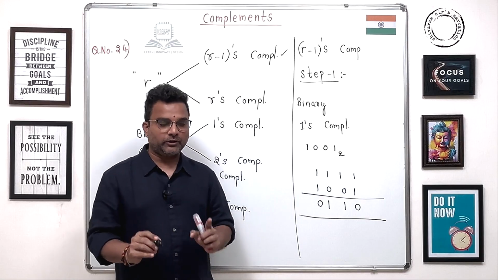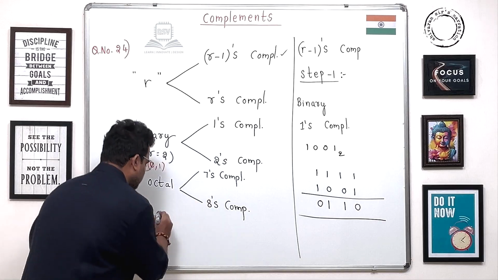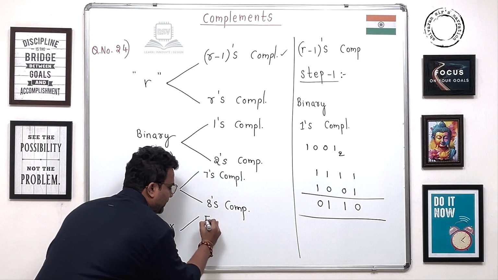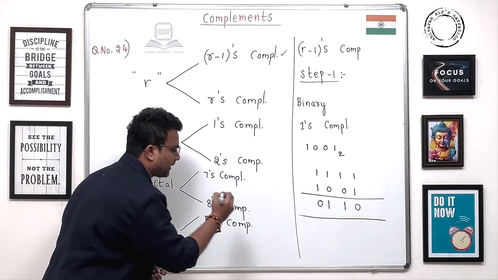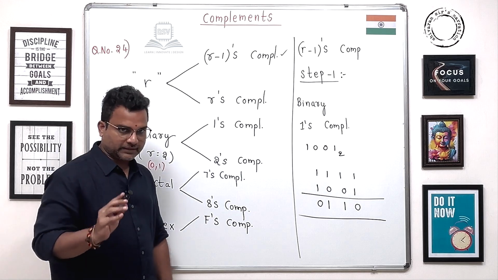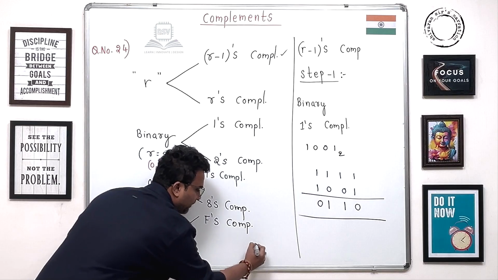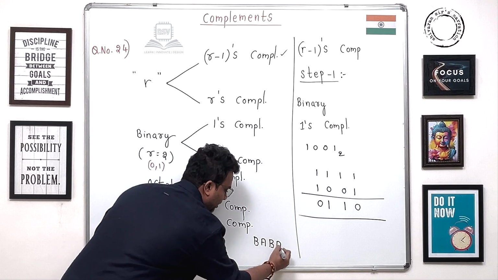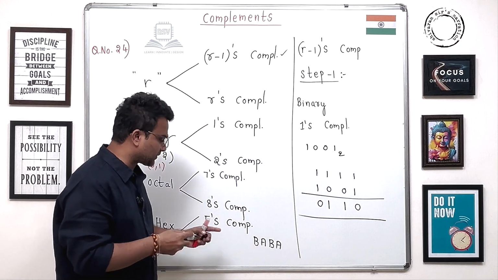For example, let's take hexadecimal. The r minus 1's complement will be F's complement, or 15's complement. For example, we want to find the r minus 1's complement of the hexadecimal number BA, which is the F's complement.